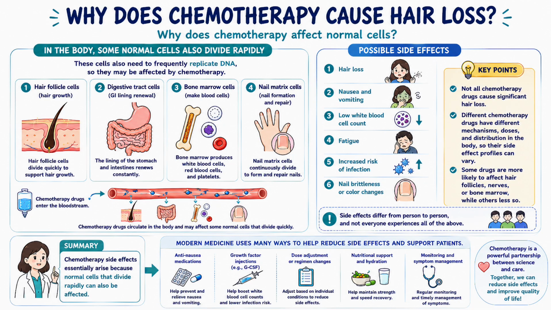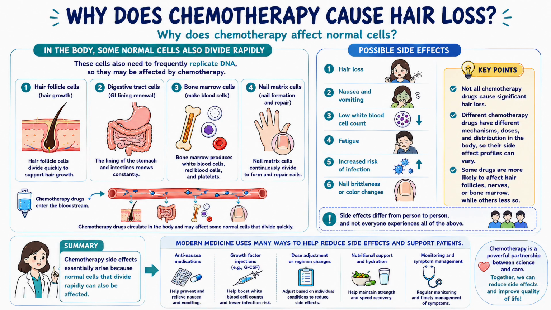Many patients notice that their nails become brittle, grow more slowly, or change color during chemotherapy. This happens because nails are produced by rapidly dividing cells located in an area called the nail matrix. When these cells are affected by chemotherapy, nail growth can be disrupted as well.